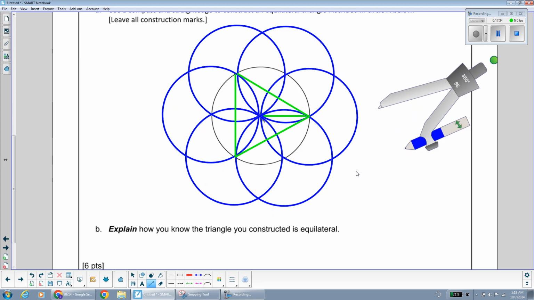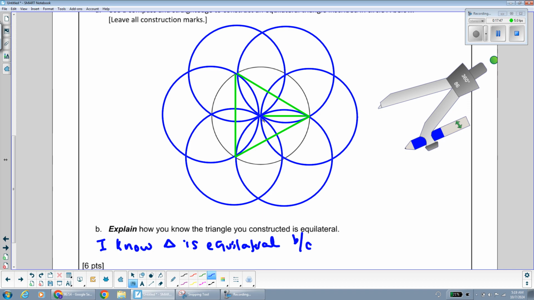I know that the triangle is equilateral because I made 6 equally sized circles in this construction.